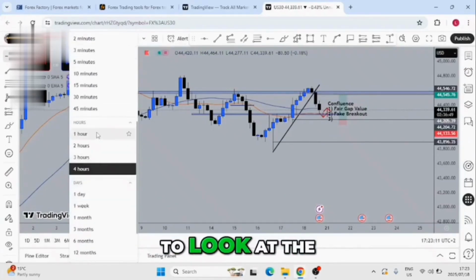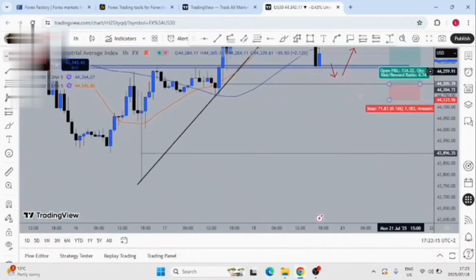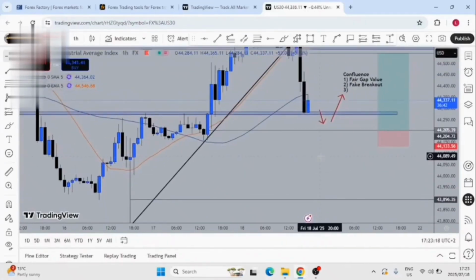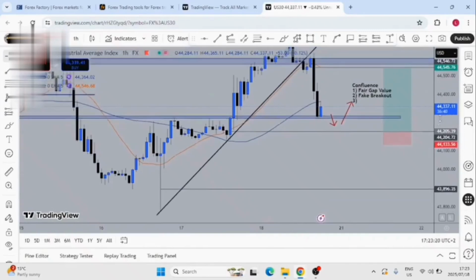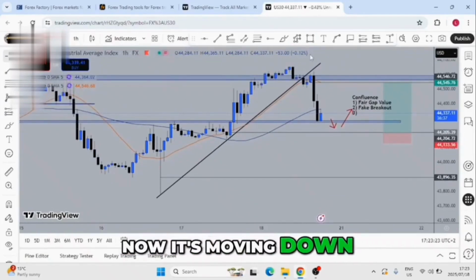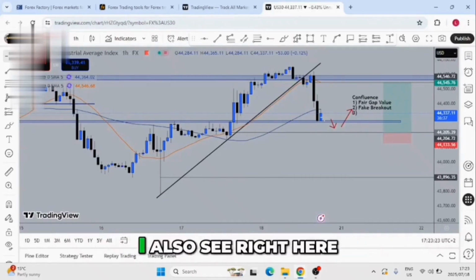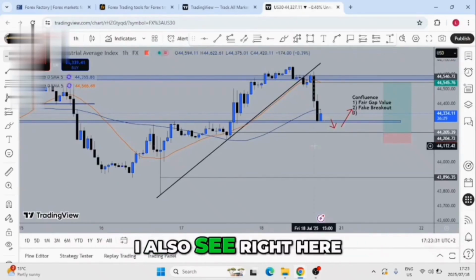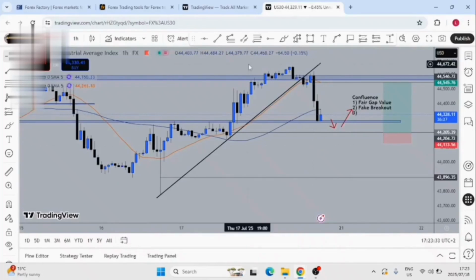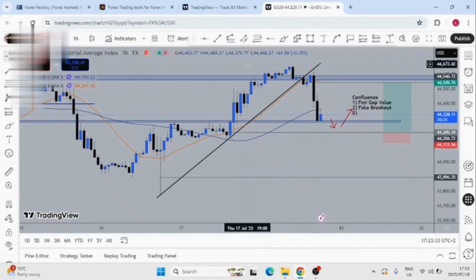And then we have to look at the 1-hour time frame. Now as you can see, on the 1-hour time frame, it went up. Now it's moving down. So it's a downtrend. So the price is moving down. And we also see right here that we have a bearish engulfing.